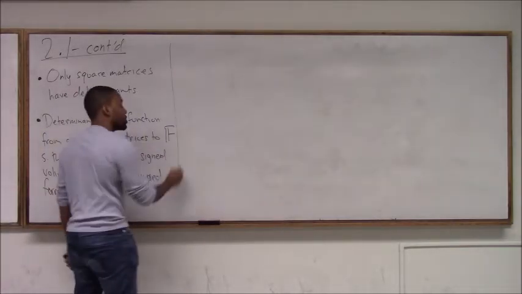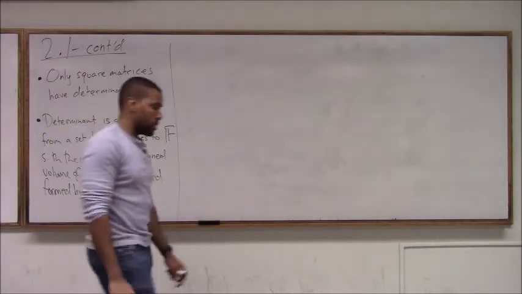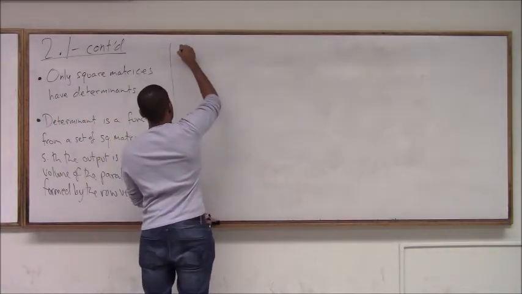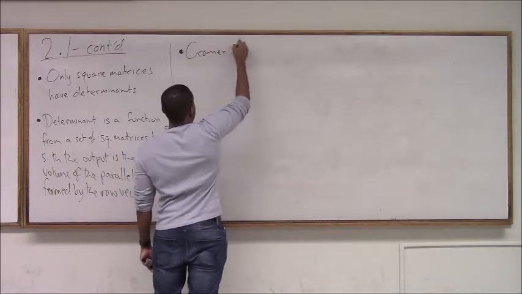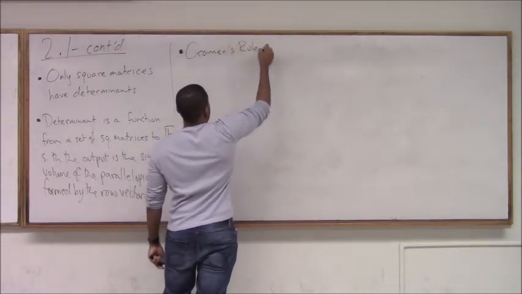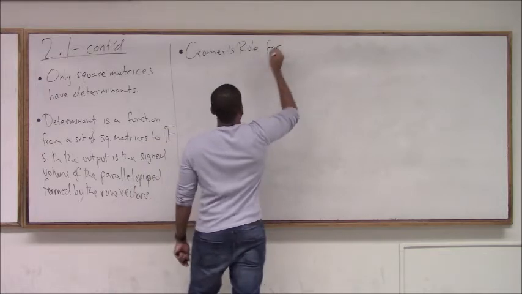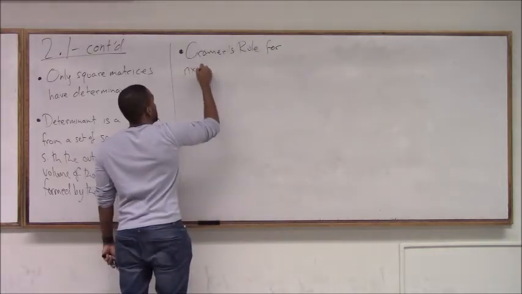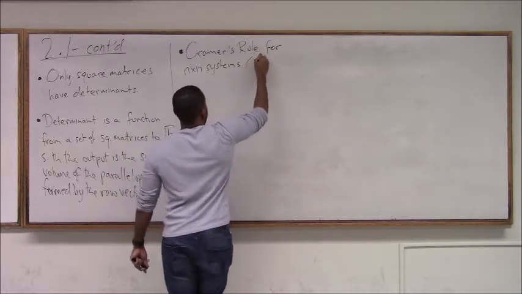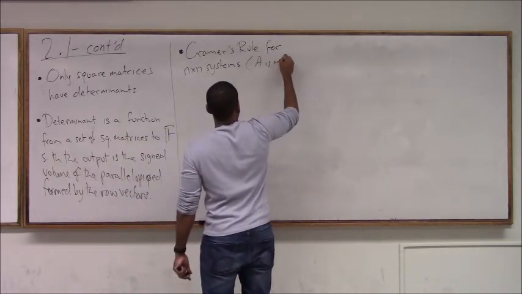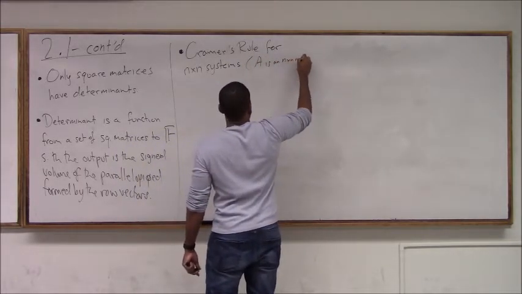Last time you also saw that the determinant was also useful in solving equations. So there we also mentioned Cramer's rule for n by n systems. That means A is an n by n matrix.